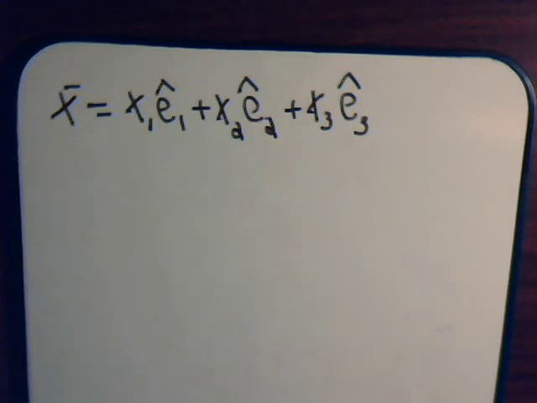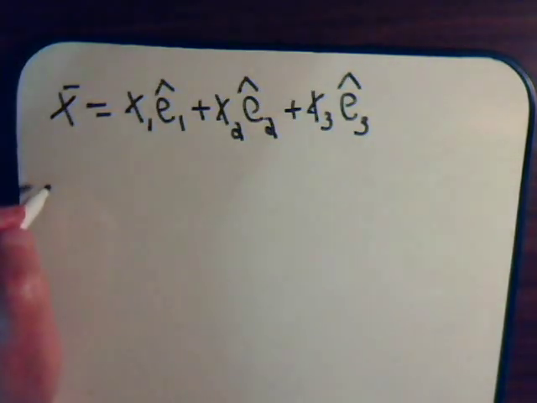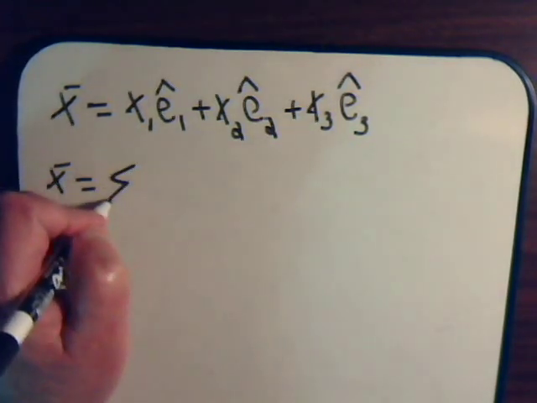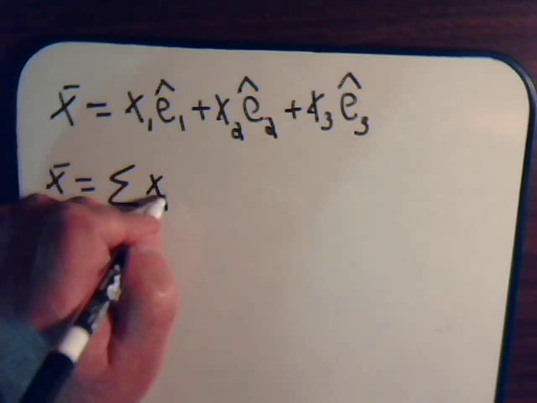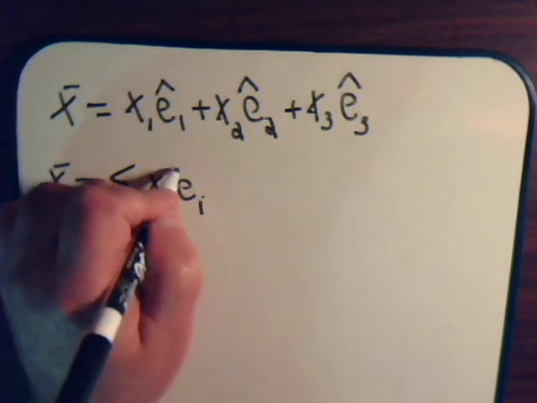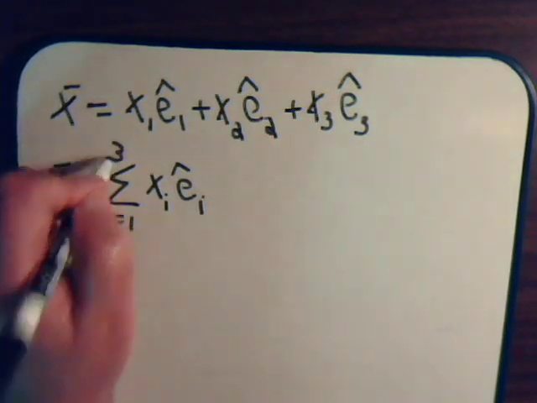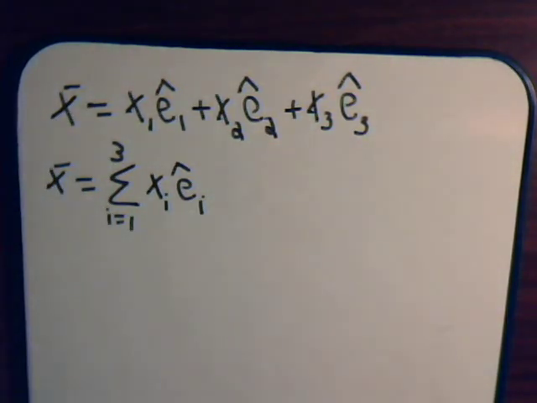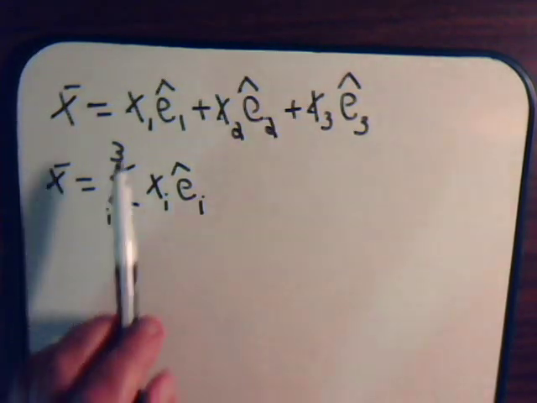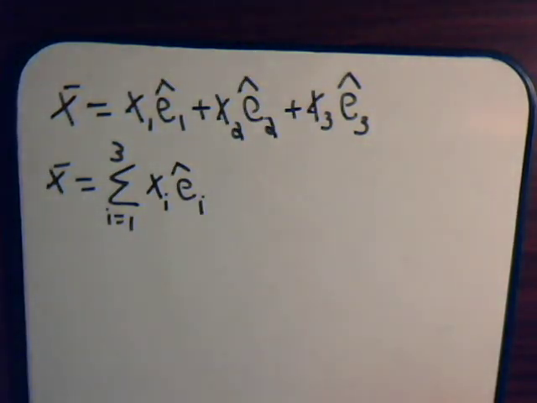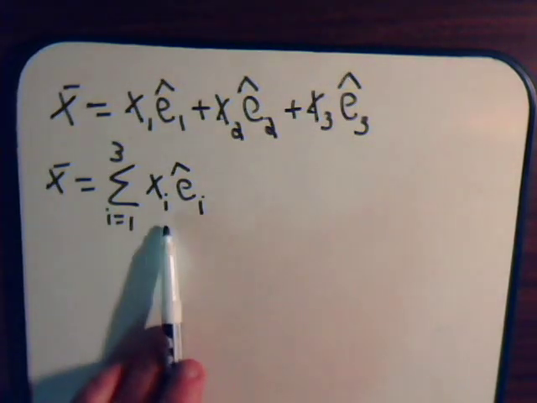Another, more shorthand way of writing vector x in its component form would be to use a summation sign: x_i e_i, summed from i equals 1 to 3. Here i equals 1 gives us this term, i equals 2 gives us that term, plus i equals 3 gives us this term. Notice here that i appears twice.